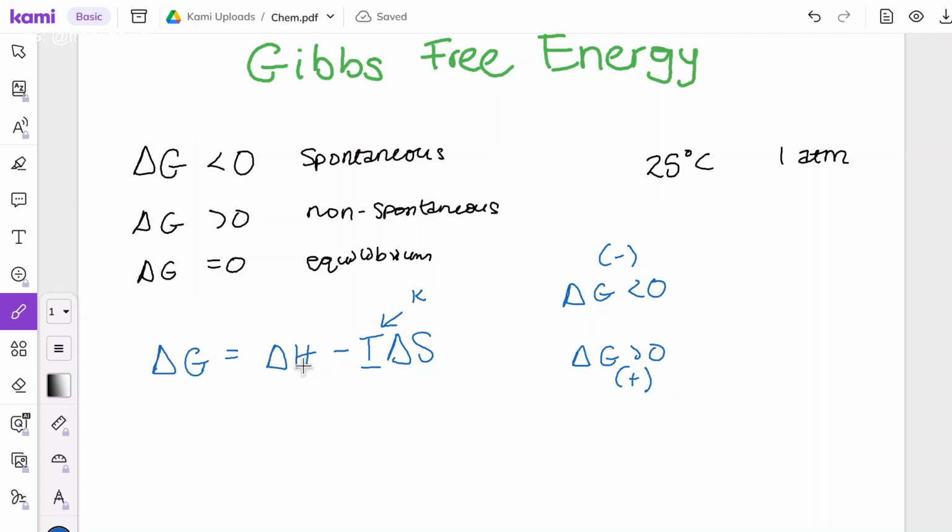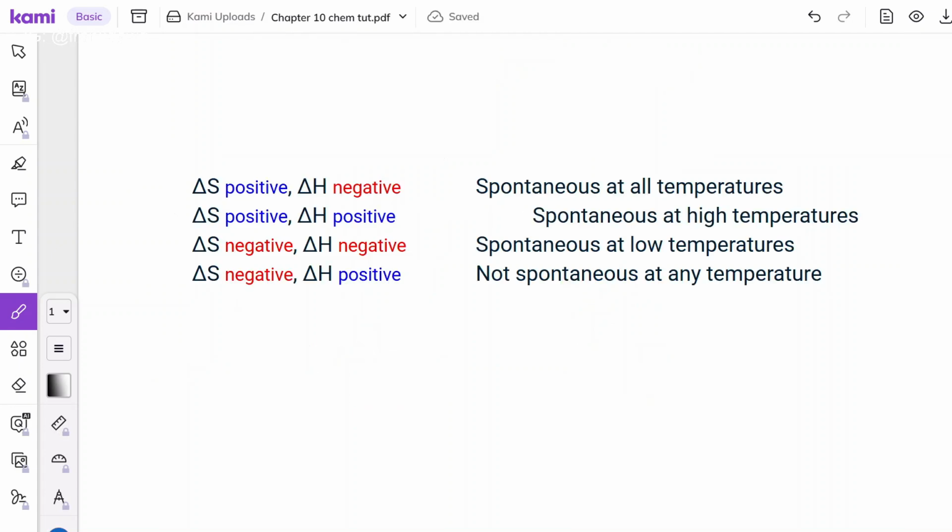I'll show you how to know when it's spontaneous or non-spontaneous algebraically using this formula. You've probably seen something similar to this key in the lectures, which tells you when it's spontaneous at certain conditions, spontaneous always, and when it can never be spontaneous.